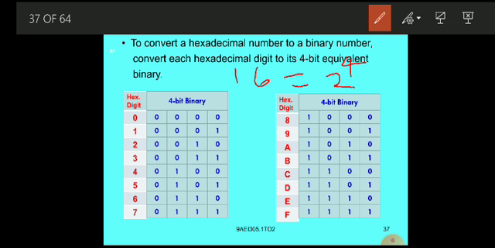Hexadecimal 1, binary equivalent 0001, 2 is 0010, 3 is 0011, 4 is 0100, 5 is 0101, 6 is 0110, 7 is 0111, 8 is 1000, 9 is 1001, A is 1010, B is 1011, C is 1100, D is 1101, E is 1110, F is 1111.